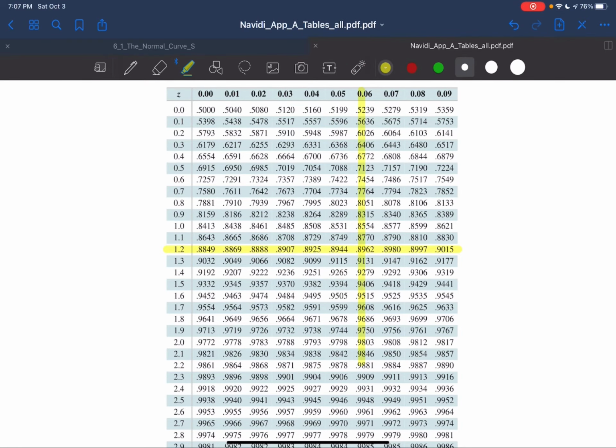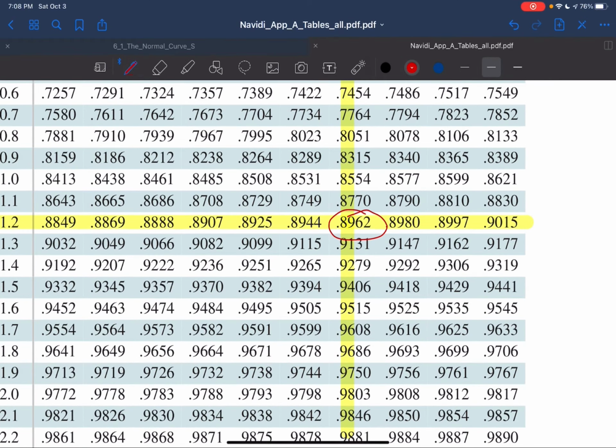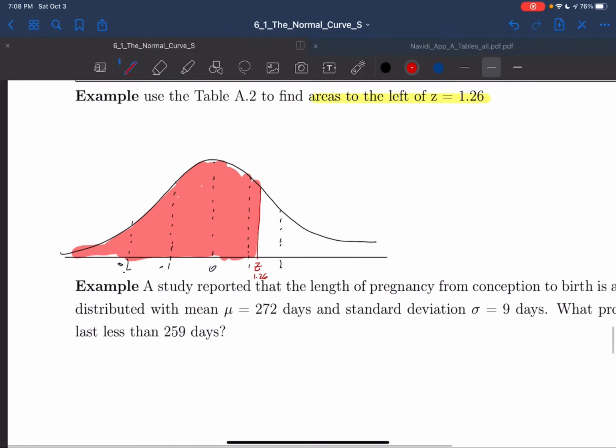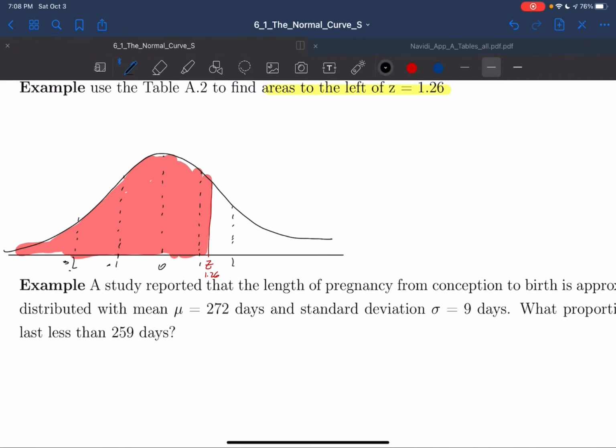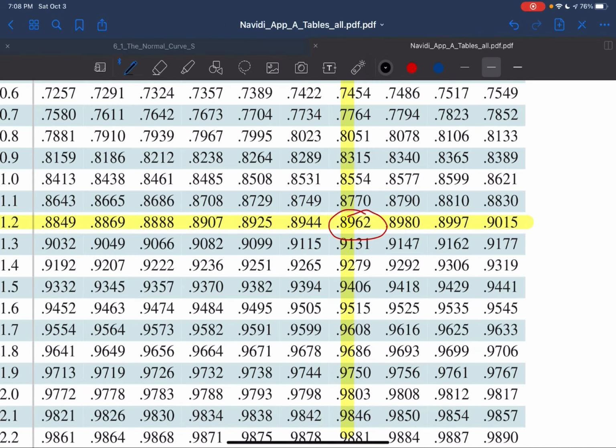When they intersect, which is right here, this is the area to the left of that z value. In notation, the probability of z is less than 1.26. I know it's less than because it's pointing to the left of it. And this is going to be equal to 0.8962.